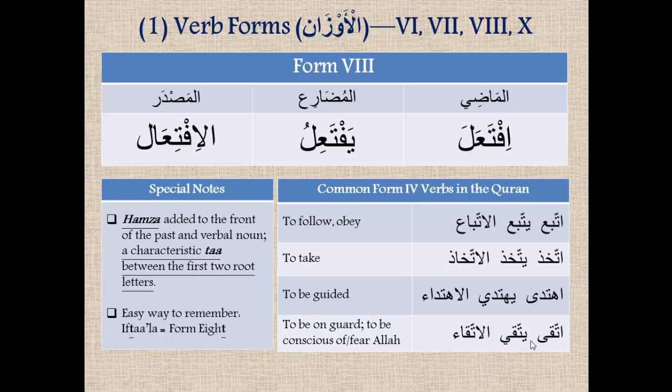So when the first radical of the verb is a ta or a hamza or a waw, we have to use a shadda in Form 8. This is a transformation dictated by phonetics, so we won't go into the details, but what you want to do is pay attention for a shadda at the front of the verb, on top of a ta. That is a telltale sign of a Form 8 verb.